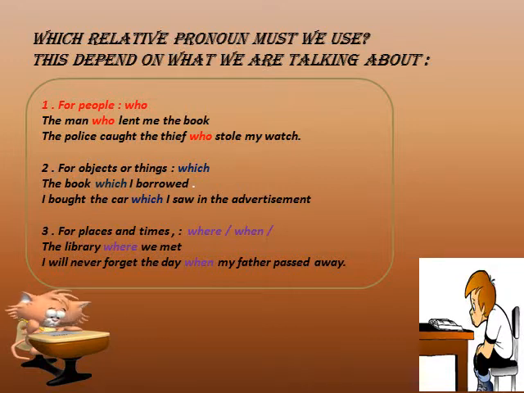And the second sentence, I will never forget the day when my father passed away. Passed away means died. As in the second sentence, the day is a word that is showing time. We have to use the relative pronoun when.